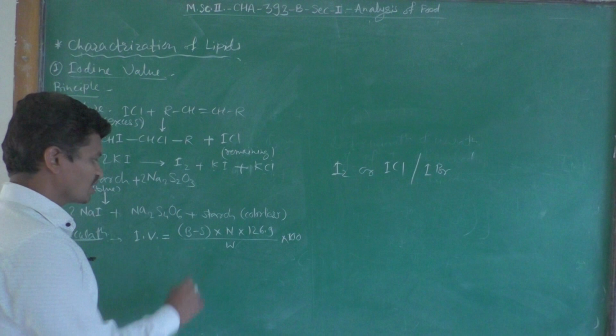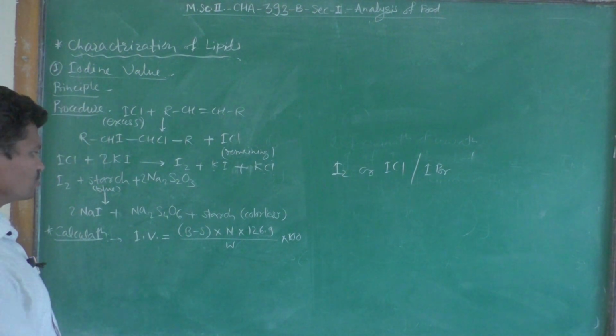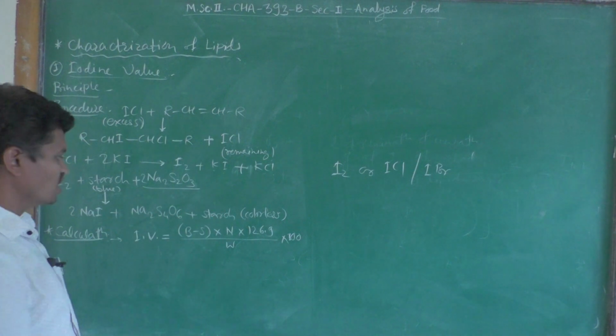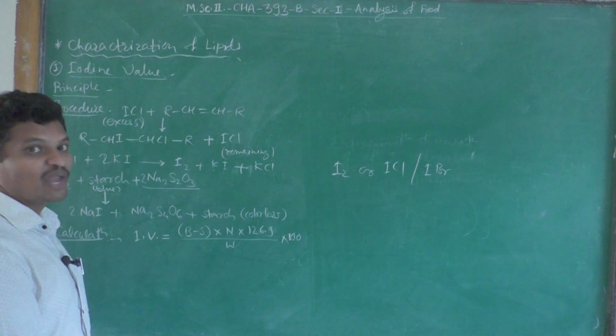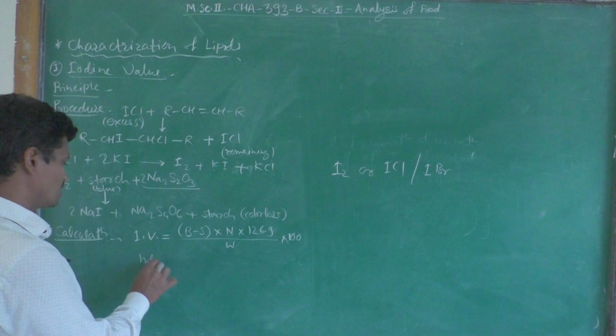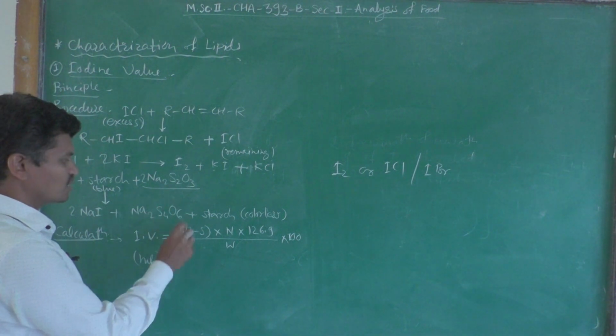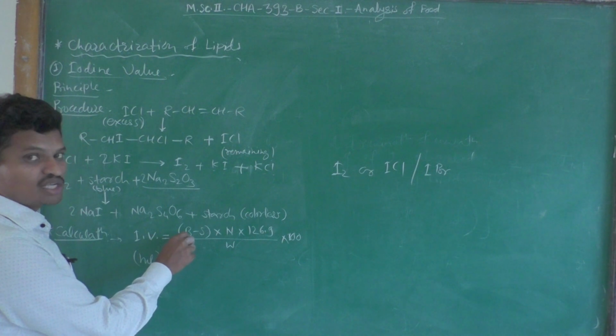What is B? B is the volume of titrant, sodium thiosulfate, for the blank solution in ml.